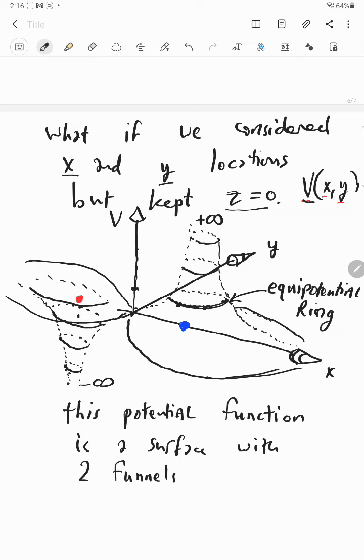It's the same value of V for all of those different xy coordinates. But this is a ring in xy. If you add in being able to move around in z, they won't be rings anymore; they will be little surfaces of their own, and they will become equipotential surfaces, right?